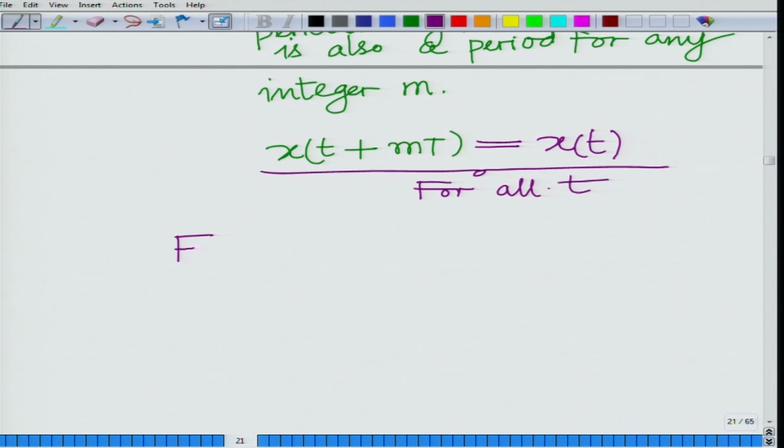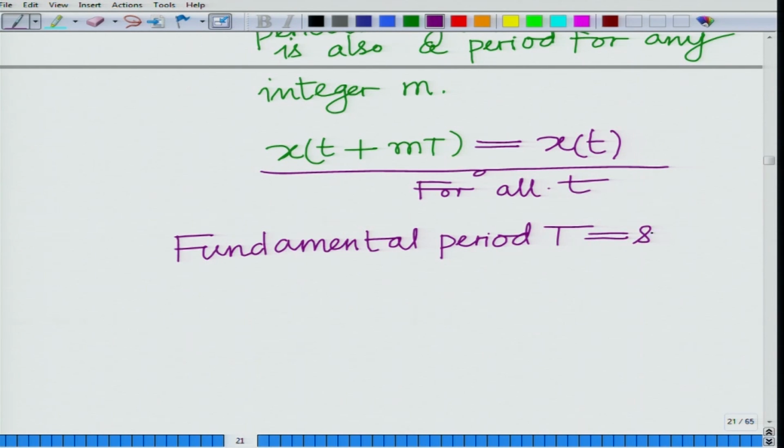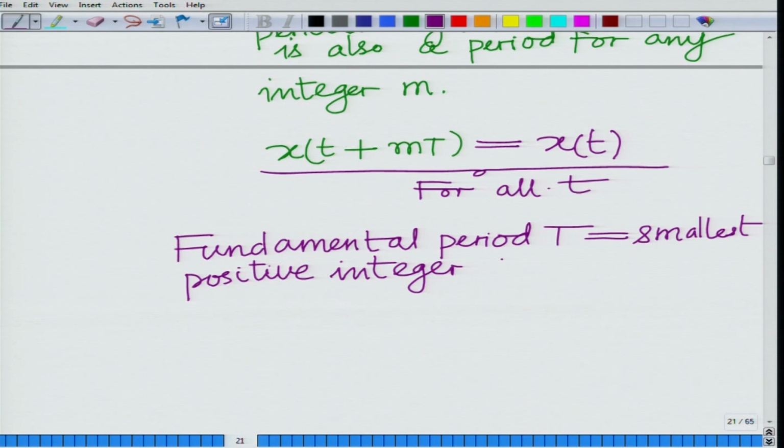Therefore, now the fundamental period T is the smallest positive number, not integer, let us put it this way.